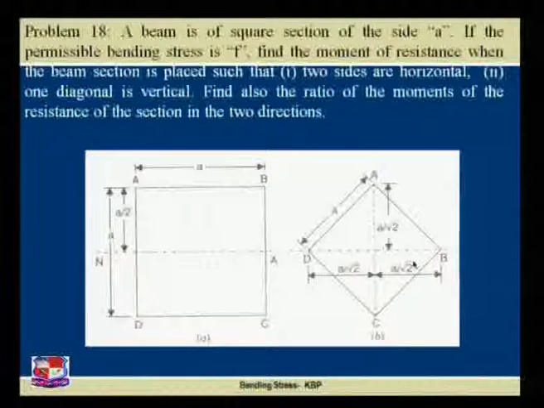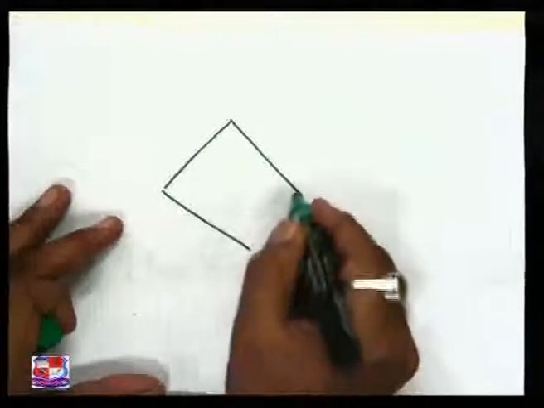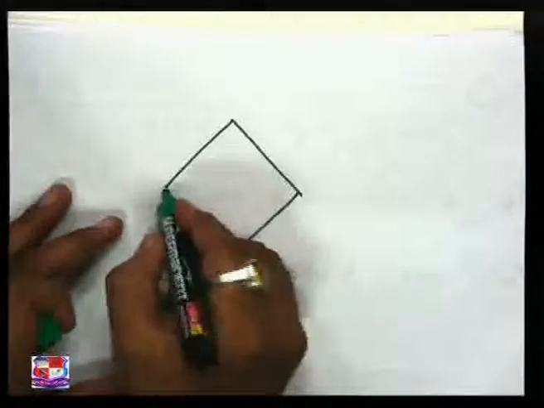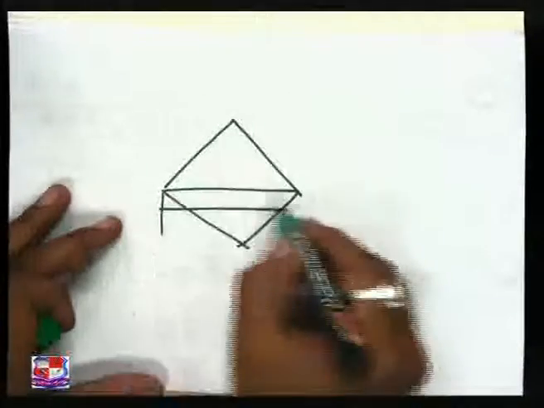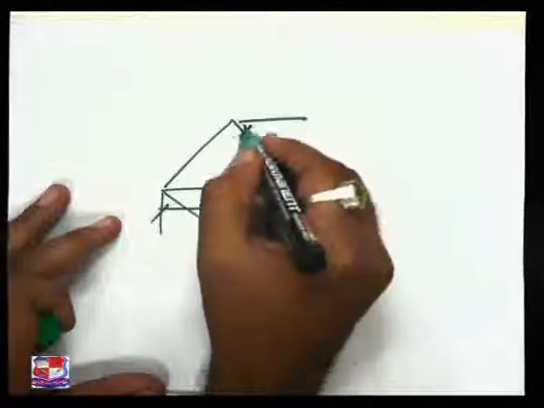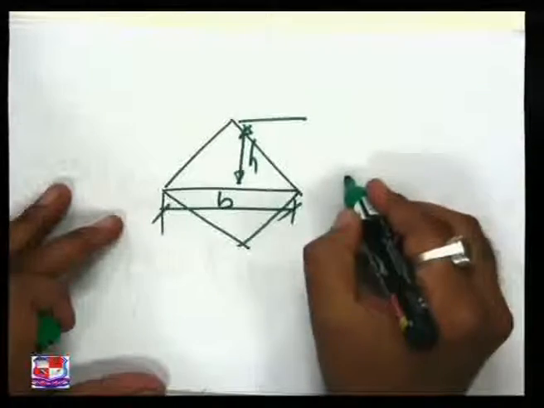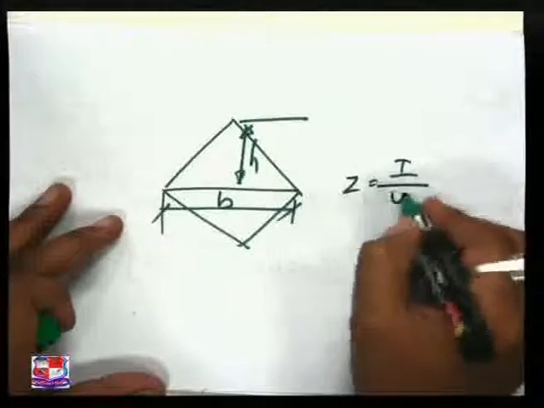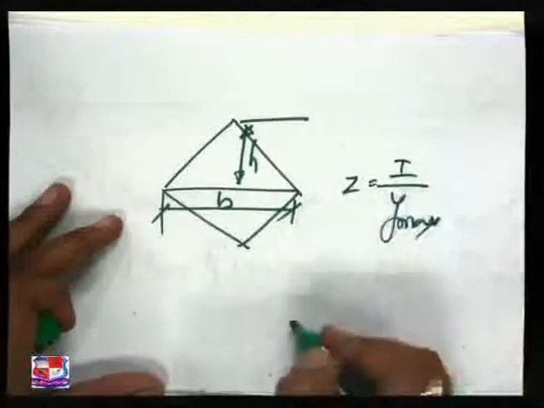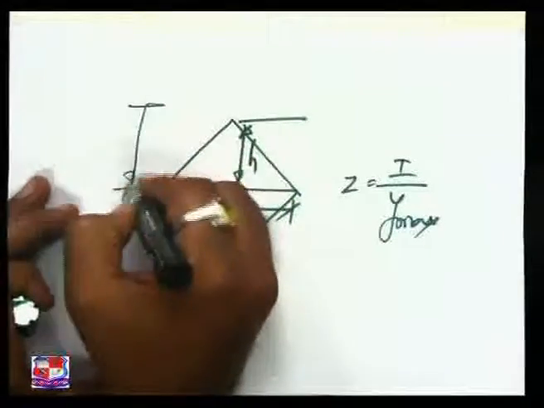If I take this on the tabletop, my figure is like this. I am putting my section like this. This is my B, this is my h. So Z is equal to I by Y max. This is my Y max itself.